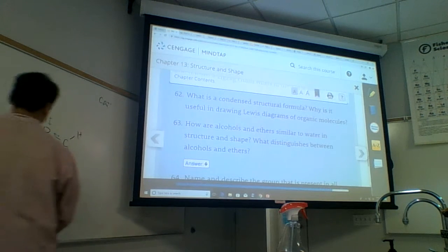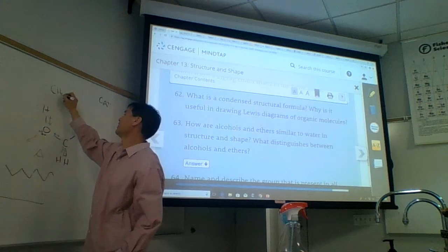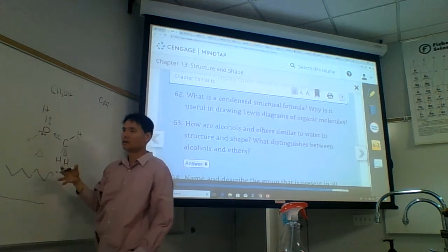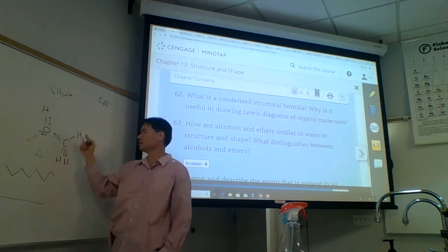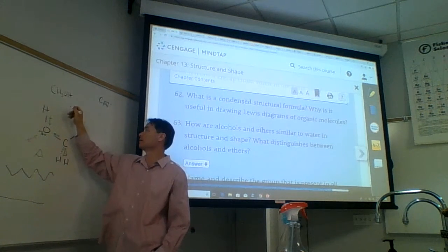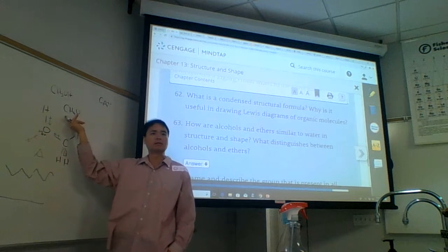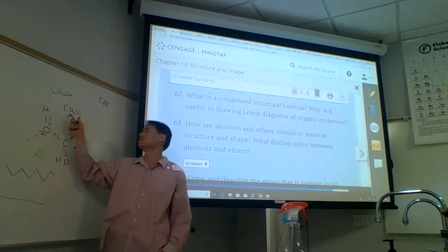Well, the condensed structural formula would be like this. There are two ways I could write out methanol. I could write it CH3OH, condensing the structure down: here's my CH3, here's my OH. Or I could write the proper molecular formula, CH4O. Which one is more useful?